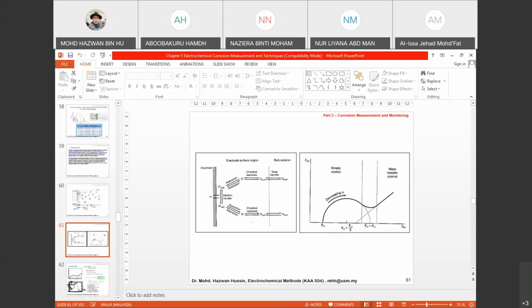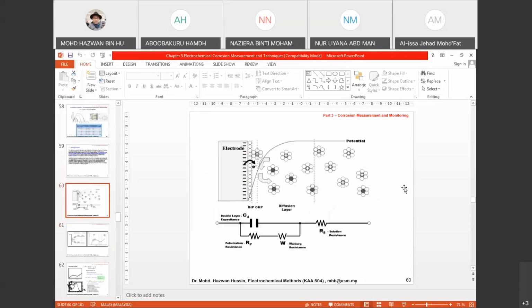This tells you that you have mass transfer factors, apart from charge transfer factors. Charge transfer is always the semicircle, and when you have diffusion, this can lead to a mass transfer effect.